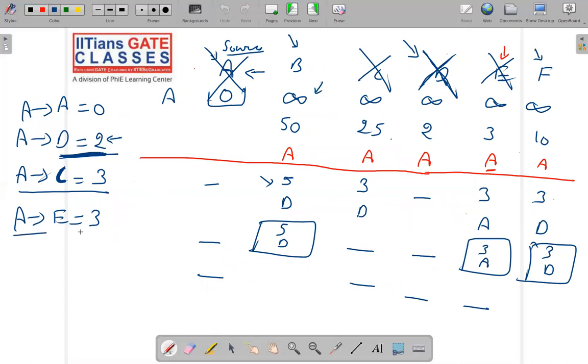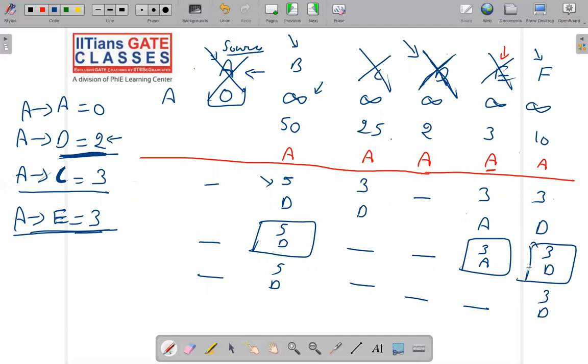We already concluded it. Okay, so we will never consider E for the minimum path again. We already found the minimum path as 3. A to E is taking 3, and E to F is taking 2. So it will be 5, which is greater than 3, so we won't replace. Here, this will be the same, and this will be the same.